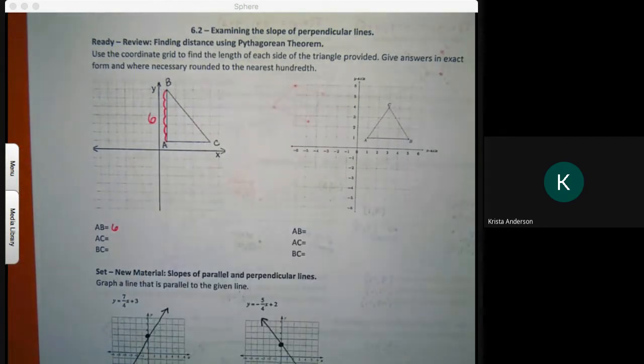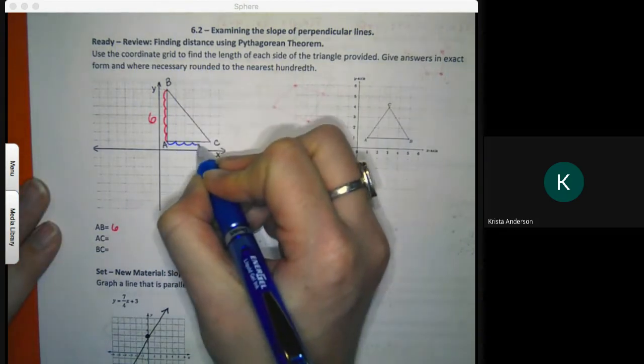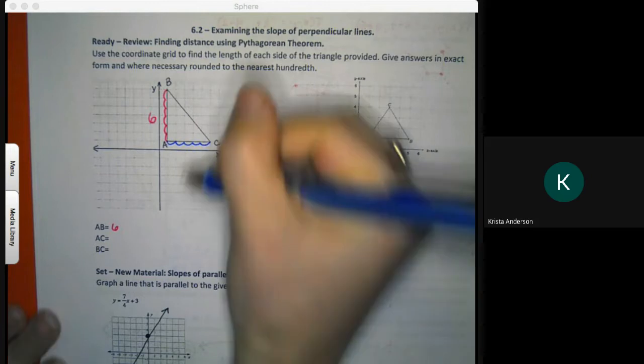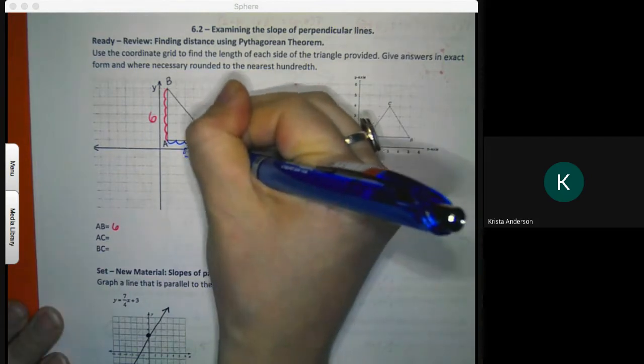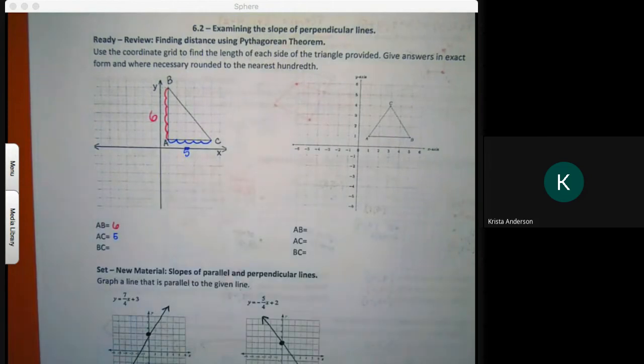Does anybody know what A to C would be? A to C. Yeah, 5. Perfect. So we're just counting how many blocks there are.